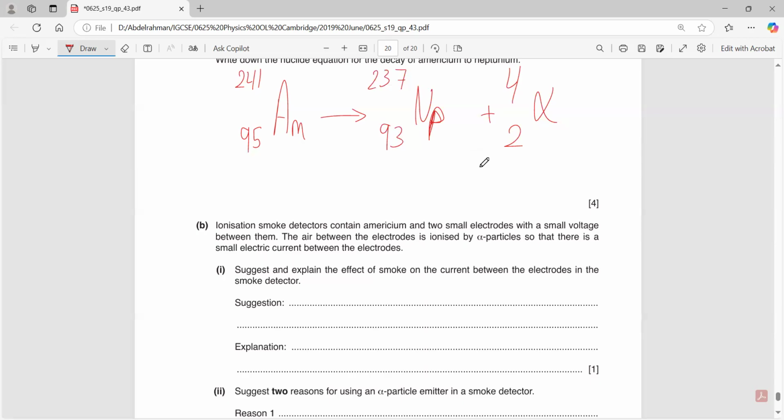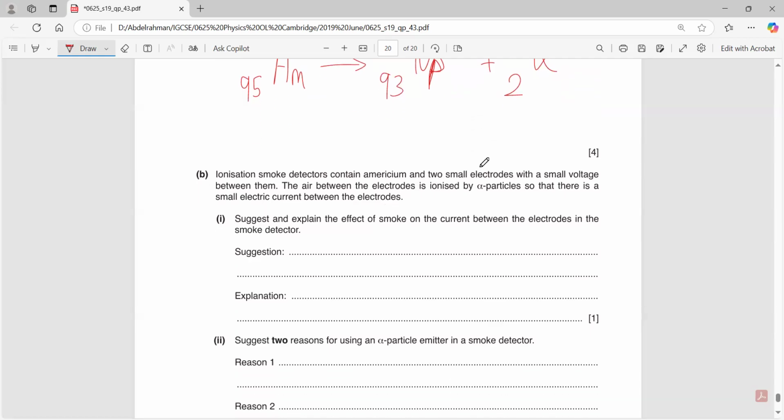Suggest and explain the effect of the smoke on the current between the electrodes in the smoke detector. If there is a lot of smoke, what happens to the current? The current decreases. The current stops.